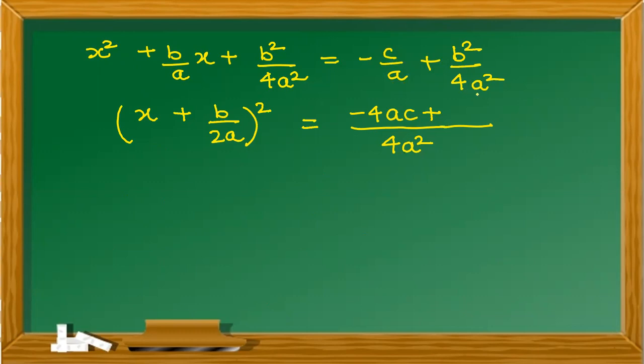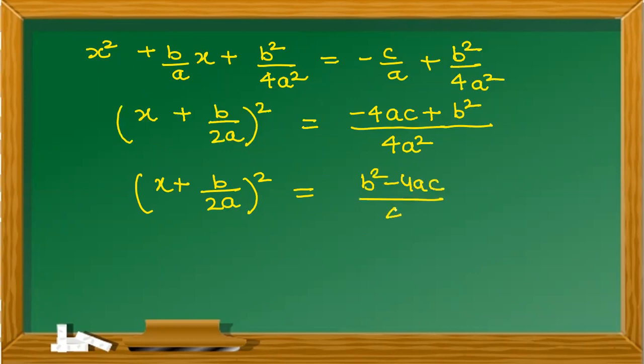When we divide 4a square by 4a square, we get 1. And when we multiply 1 with b square, we get b square. So what do we get? x plus b over 2a whole square is equal to, I can write this as, b square minus 4ac over 4a square.